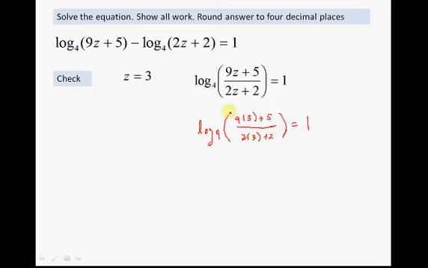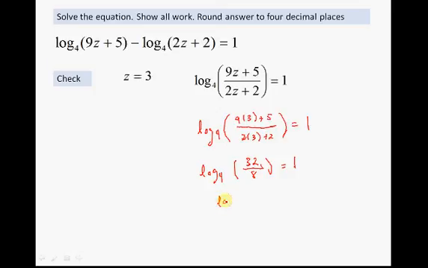It hasn't changed. Well, 9 times 3 is 27. 27 plus 5 is 32. So we have log base 4 of 32 over, and 2 times 3 is 6, 6 plus 2 is 8. It's looking good. 32 divided by 8 is just 4.